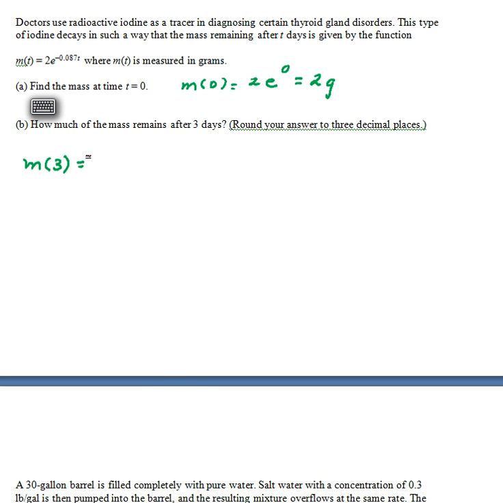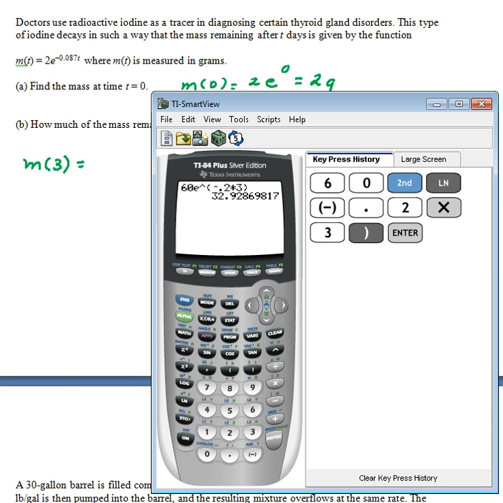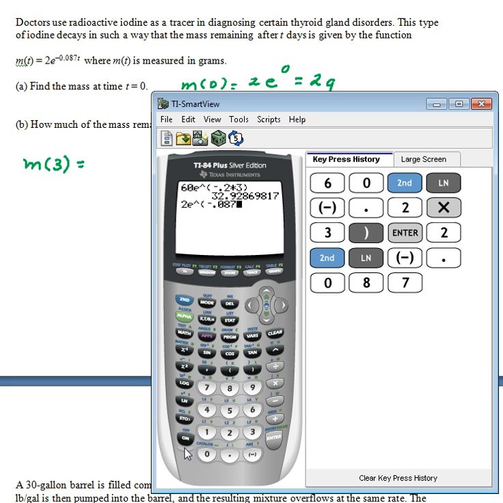And when we do that this time, we will have 2 times second ln, and this time negative 0.087 times 3 for 3 days.